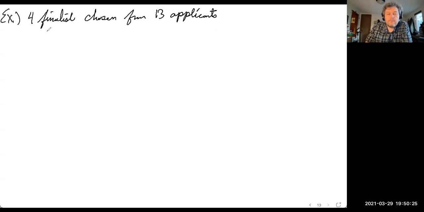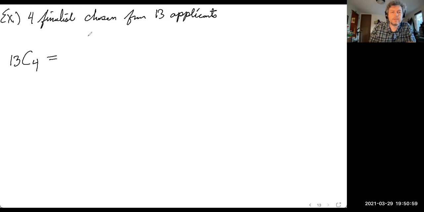If you have 4 finalists, let's say there's some kind of job opportunity, 13 applicants, we're going to choose 4. I claim this is 13 choose 4, but hopefully it makes sense why this wouldn't be 13 permutation 4, because in the previous section, it was all about the permutation. That's all we were doing. And so hopefully it makes sense why it would be combination and not permutation.